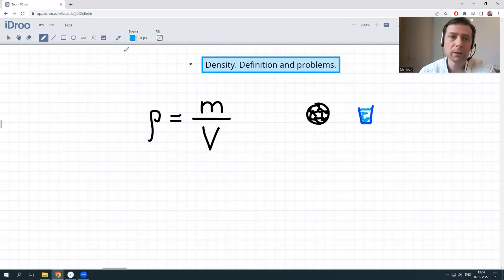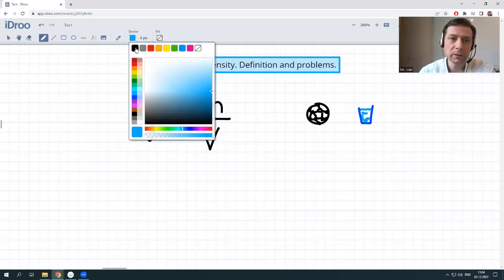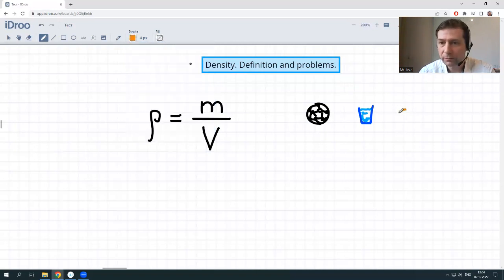Density grows. And if we have a golden ring or earring, let's say, something like this, it could be very small in size, but its density is even higher.